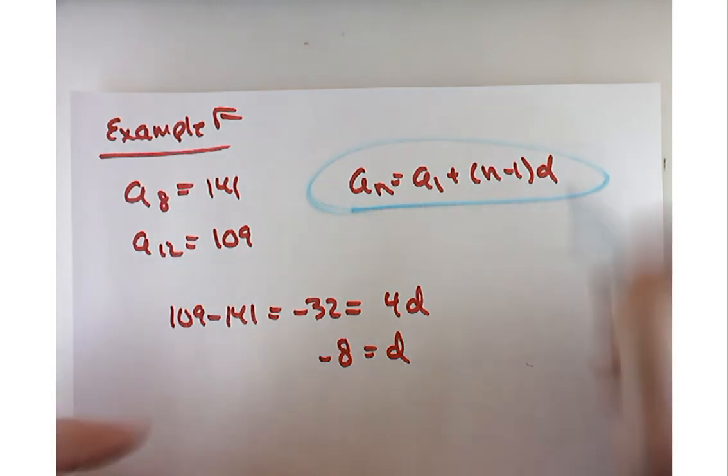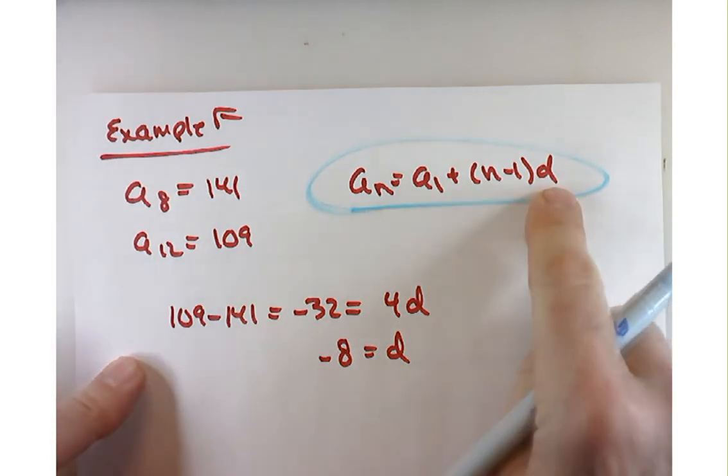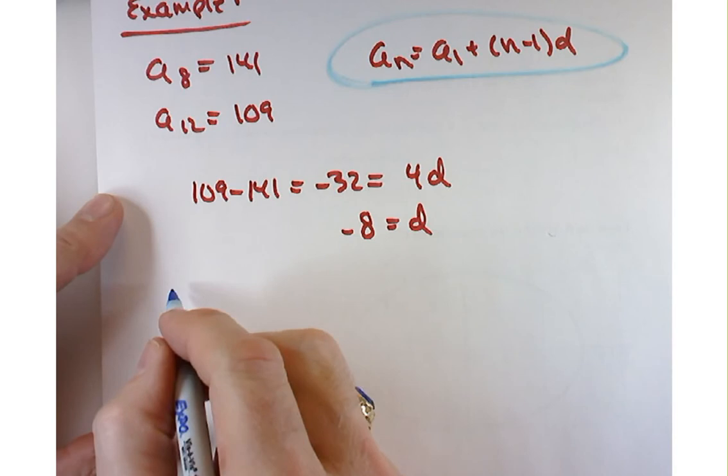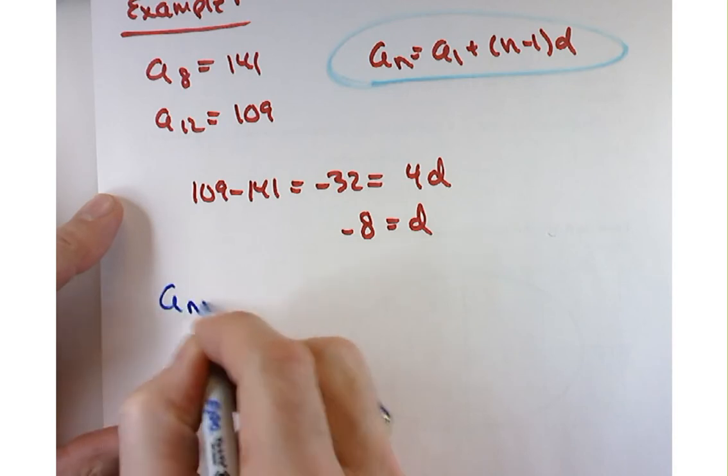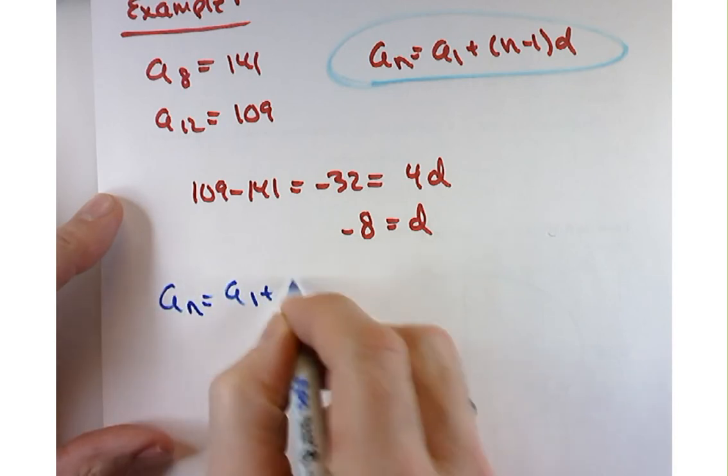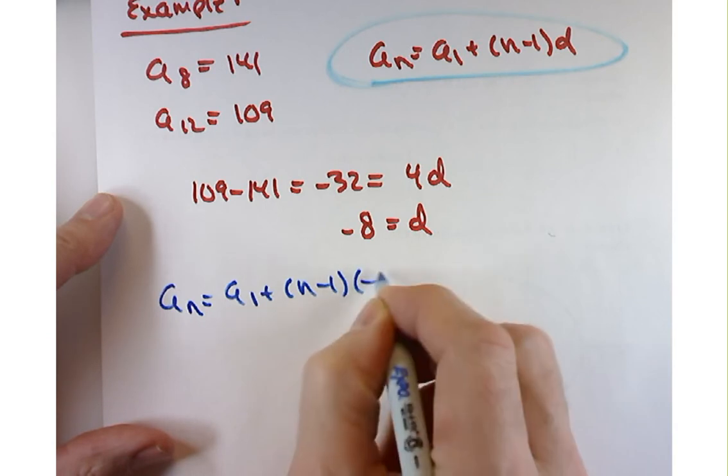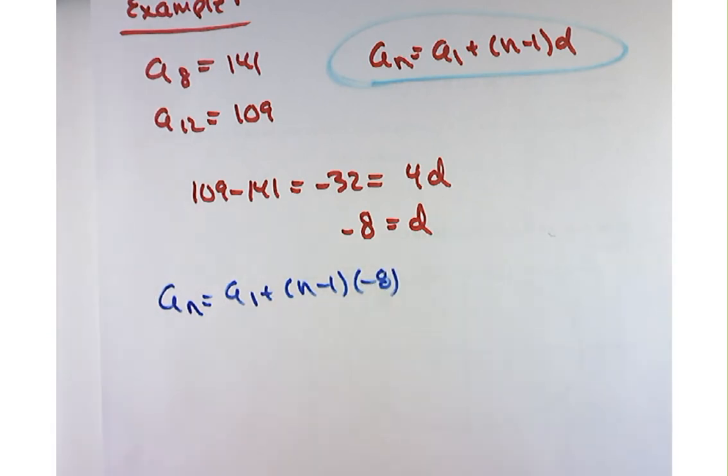All right, so I know D now. So I can rewrite this as a sub n equals a sub 1 plus n minus 1 times negative 8. Not so bad. I still need to figure out what a sub 1 is. How am I going to do that?